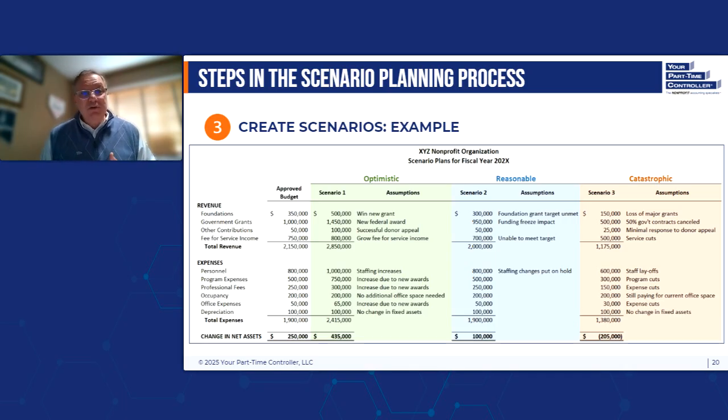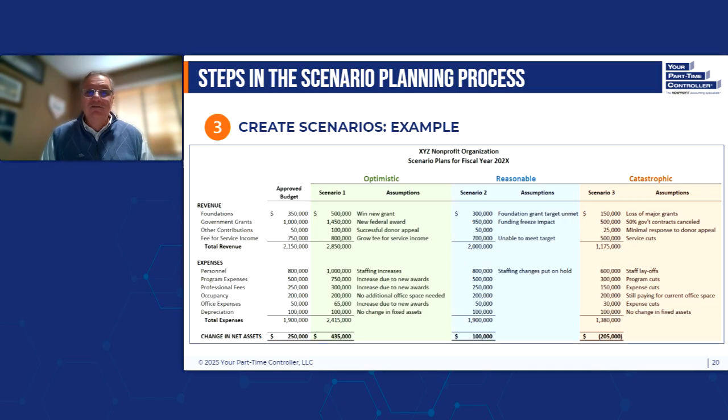So in our optimistic scenario, we say, we're going to create another $700,000 in revenue by getting new grants, new federal awards, the donor appeal, all those things that we talked about earlier, the risk factors and the priorities assigned to them. And because of that, we're going to add about $500,000 in new cost, and still we're going to increase our change in net assets by $185,000. Again, happy, joy. This is a great plan. Let's execute that and everyone will be okay.